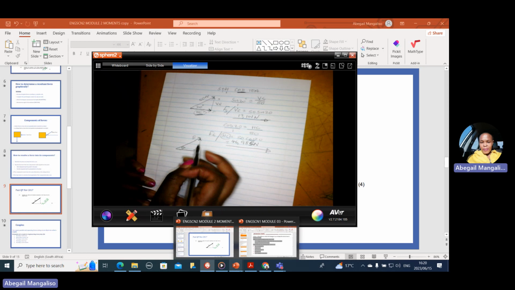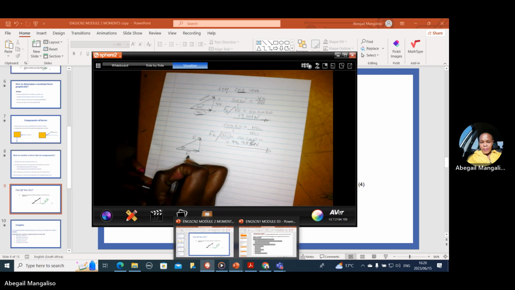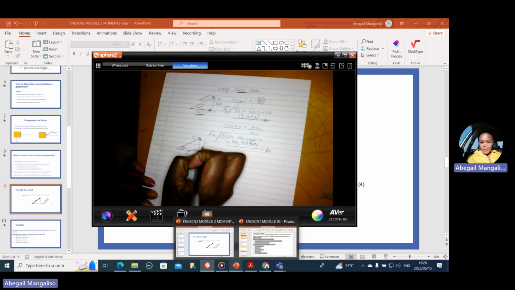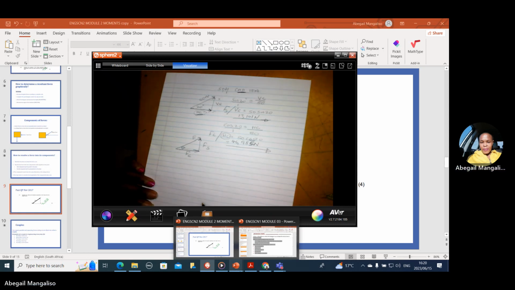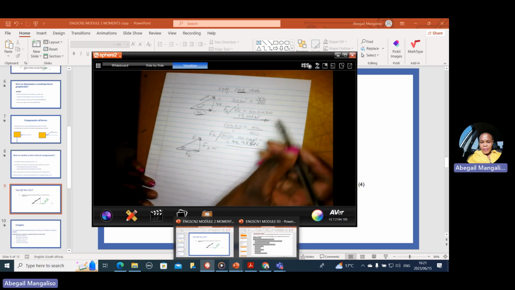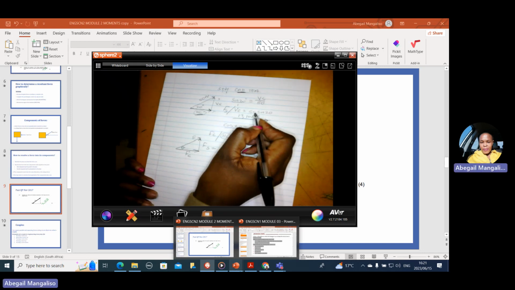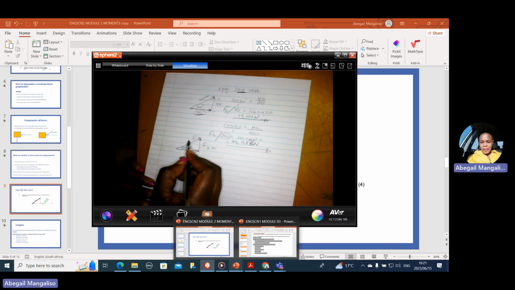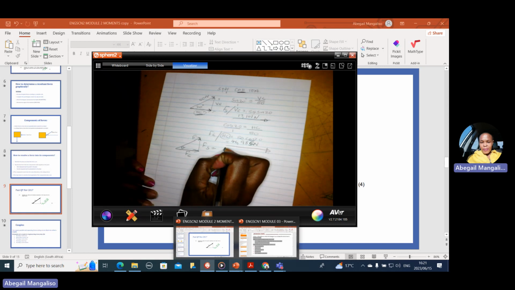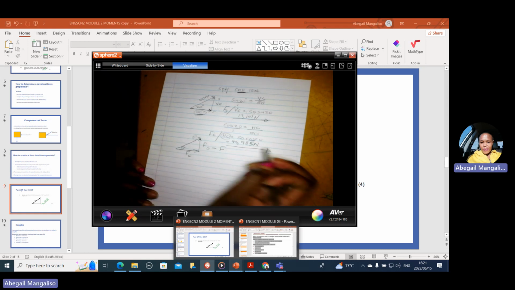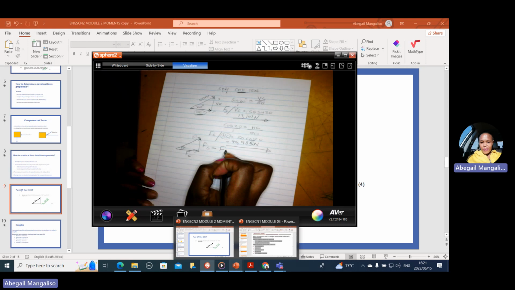This component is Fc, and the vertical one is Fs. Now, the Fs, if you look at this equation, where there is 50, now we have F sine.